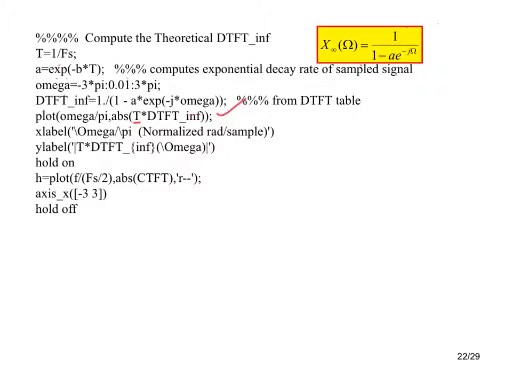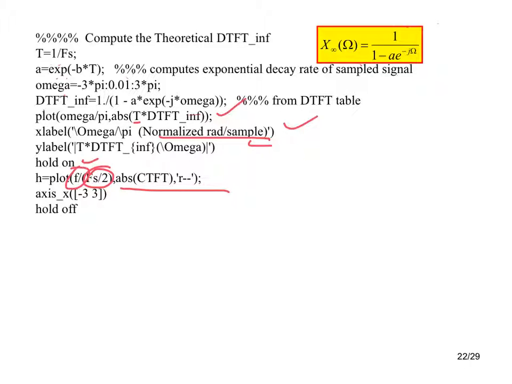And I put some nice labels on. I do a hold on, and then on top of that I plot my CTFT, and notice that I'm dividing my f by fs over 2. So that also gets me to the same normalized radian frequency.